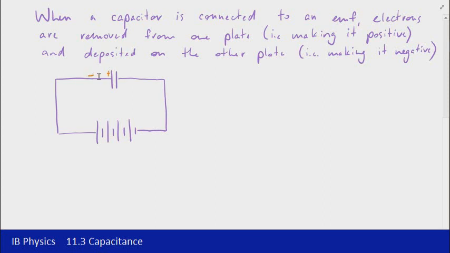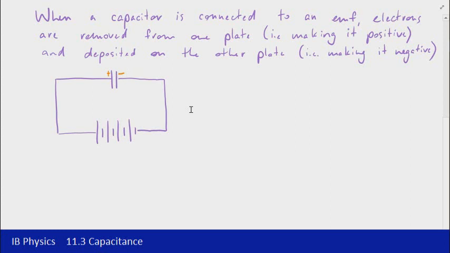This electron is then moved around the circuit, and it's easiest to think of it as the electron moving the whole way around the circuit as it is forced by the EMF. Really it's a chain reaction, with electrons pushing one after the other, but ultimately this electron travels all the way around the circuit and is deposited on the other side.